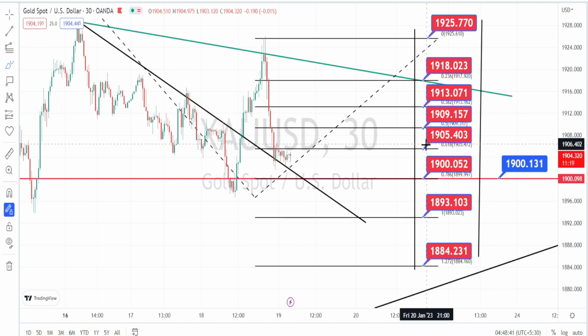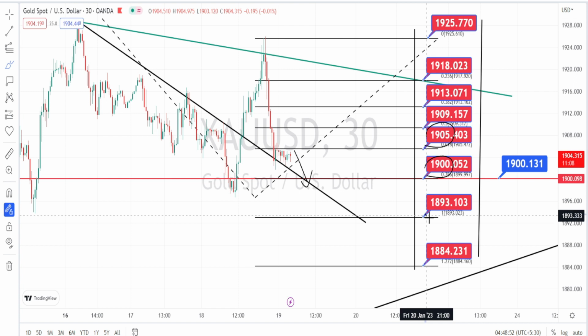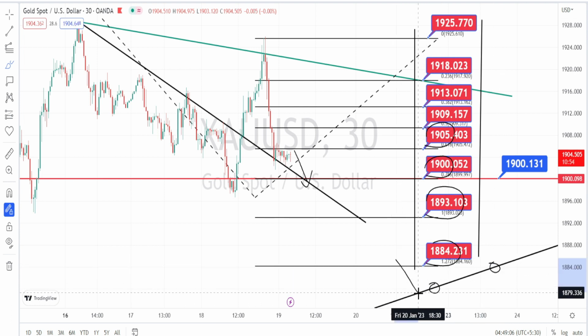Currently the price action is trading between the resistance level of 1905 and the support level of 1900. Once the price action breaks the support level of 1900, the next levels of support are going to be around 1893, 1884. Then we have the daily time frame trend line or support line, where we can expect it to take support and bounce back on the bullish side retracement.